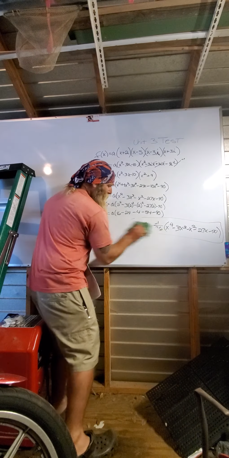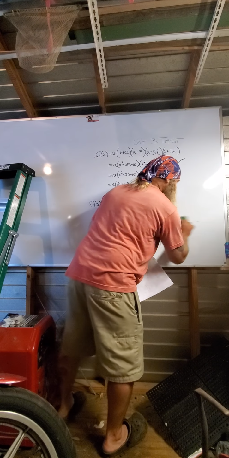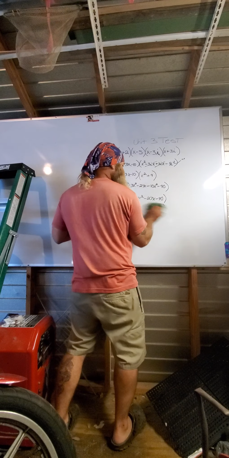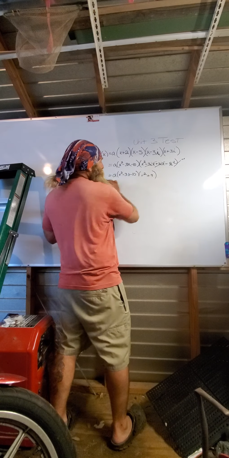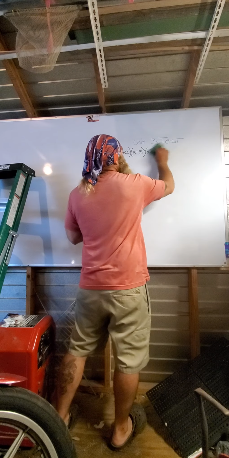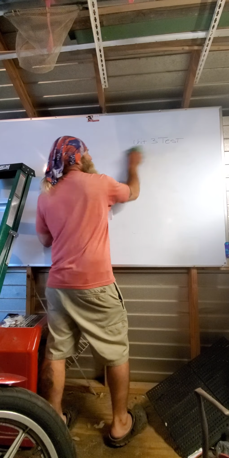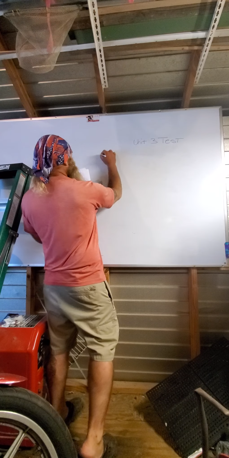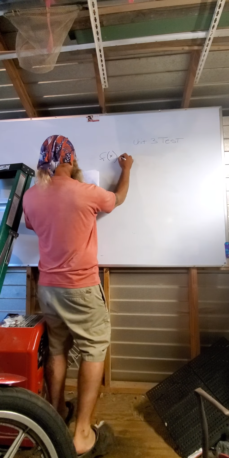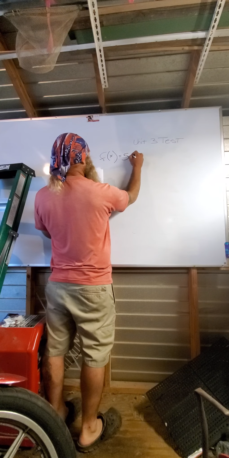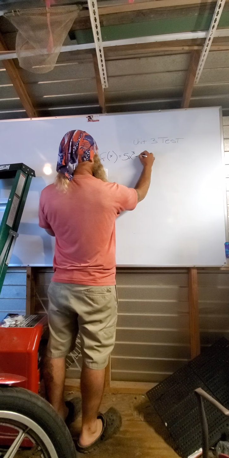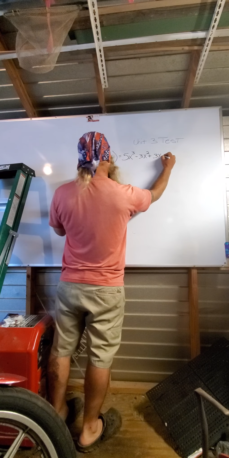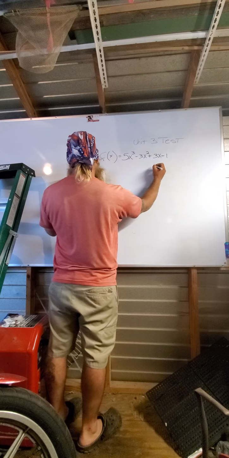Number 9 is using Descartes' rule of signs. So we were given f of x equals 5x to the 3rd minus 3x squared plus 3x minus 1.